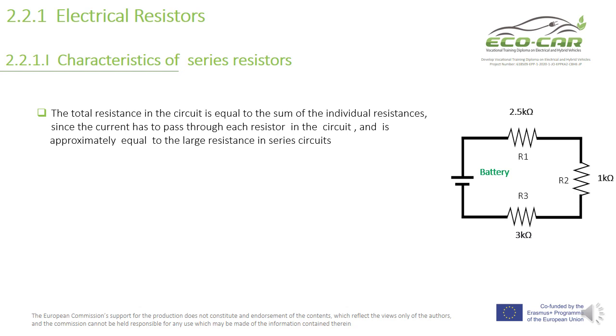So we have here a flow of electrons, a flow of current from the negative through these resistors to the positive, or from the positive to the negative. The total resistance in this circuit is equal to the sum of the resistors, R1 plus R2 plus R3.